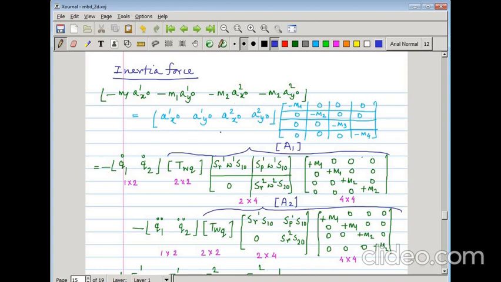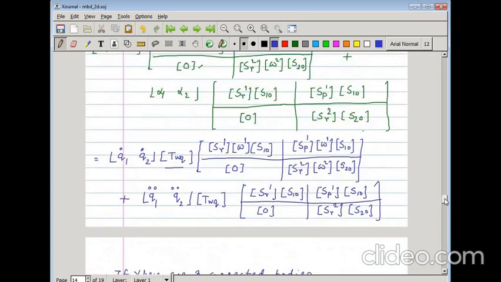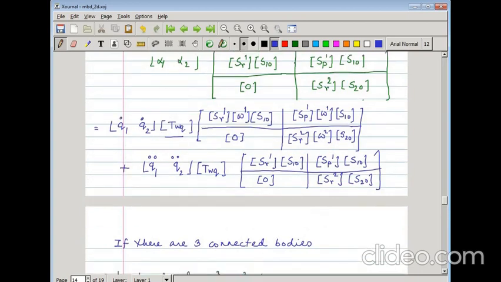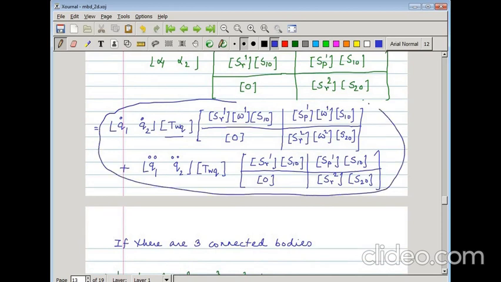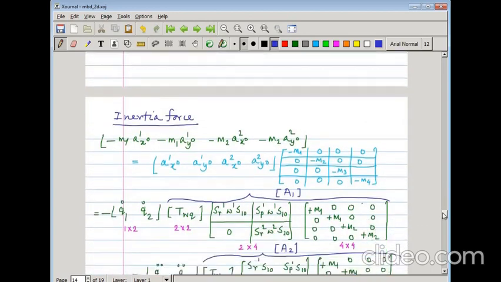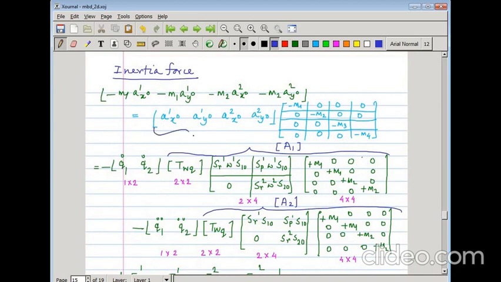So that means simply this multiplied by this diagonal matrix, and this we have already got as this. So here in place of this we simply put these two terms.